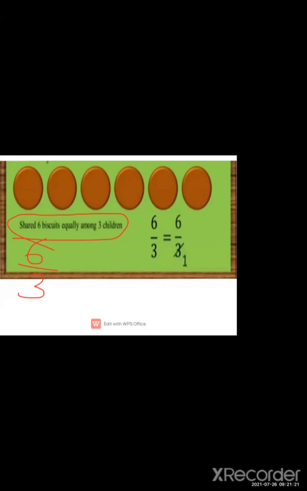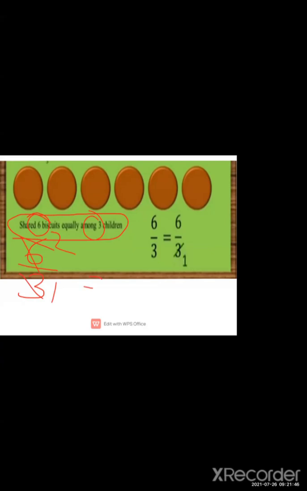What they told, the total biscuits are 6. You have to share it among the 3 children. So you will write 6 upon 3. Now 6 upon 3, you have to divide it. Both the numbers go in the table of 3. So 3 ones are 3, 3 twos are 6.